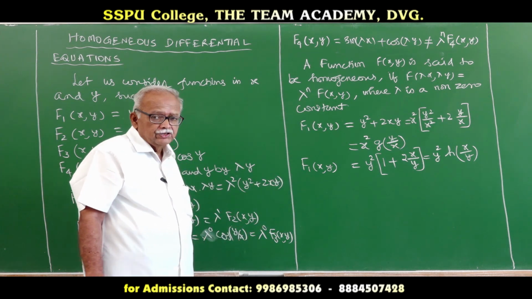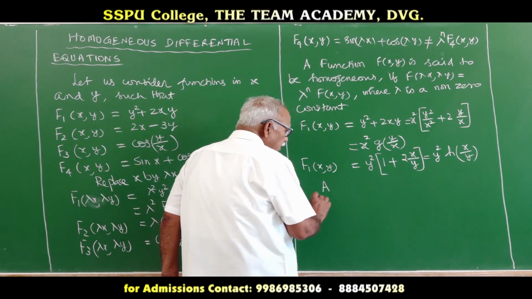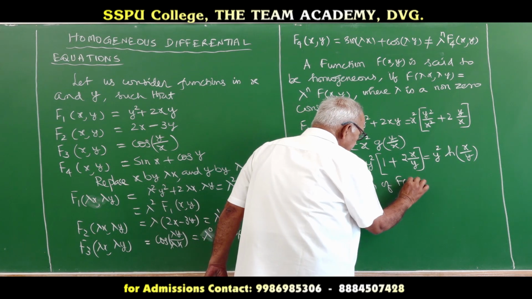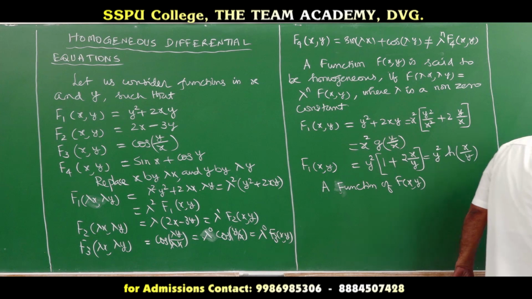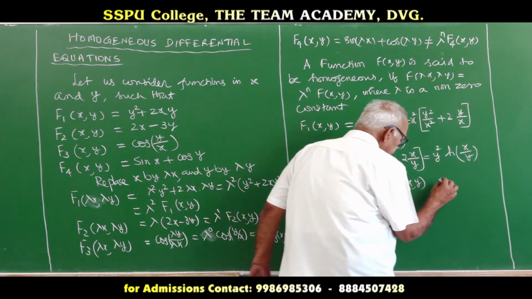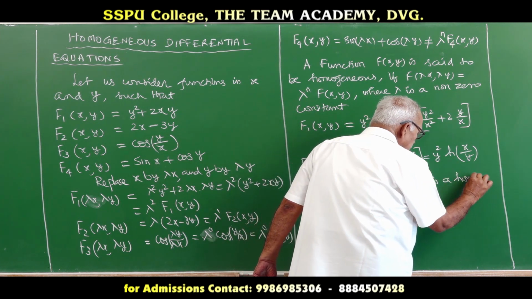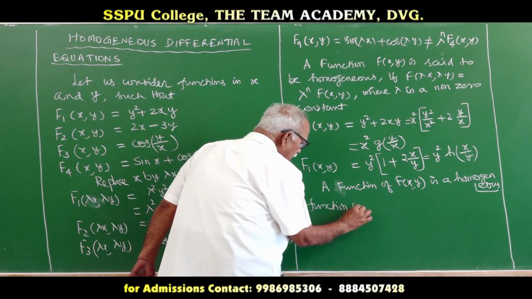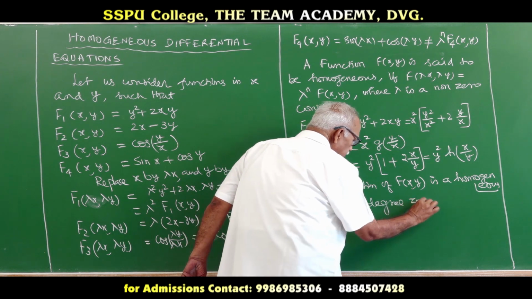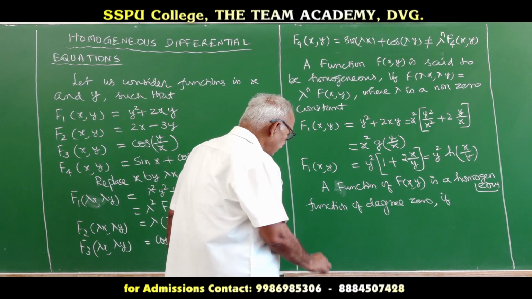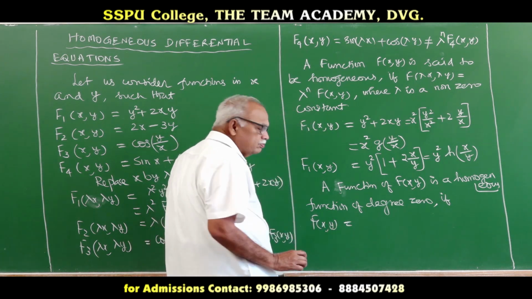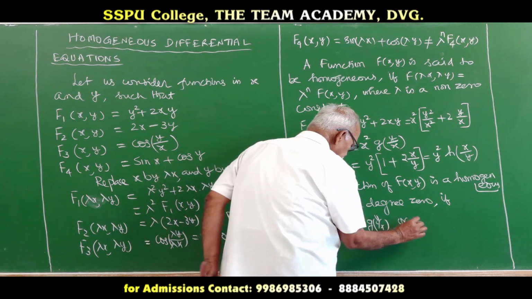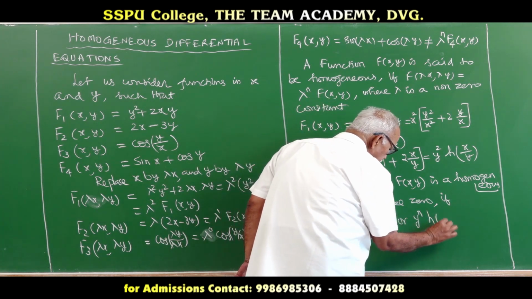So, we can have another definition for homogeneous function. A function f of x, y is a homogeneous function of degree n if f of x, y can be written in the form of, first one is x to the power of n g of y by x, or y to the power of n h of x by y.